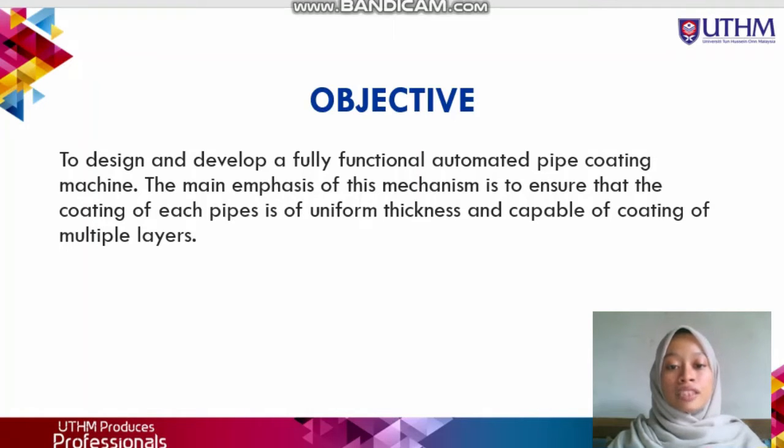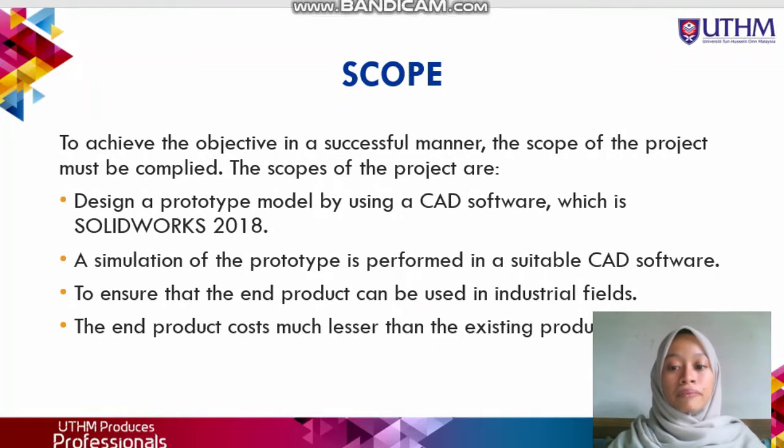The main emphasis of this machine and mechanism is to ensure that the coating of each pipe is of uniform thickness and capable of coating multiple layers. And the scope is to achieve the objective in a successful manner. The scope of the project must be complied with.